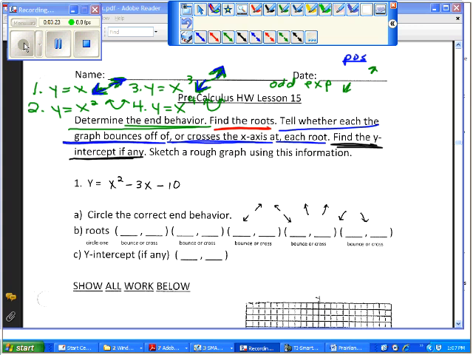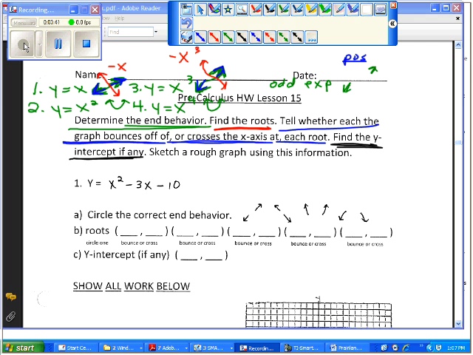What if we made that a negative x? What would the graph look like? That, correct? What if it was a negative x cubed? What would it look like? That, correct?